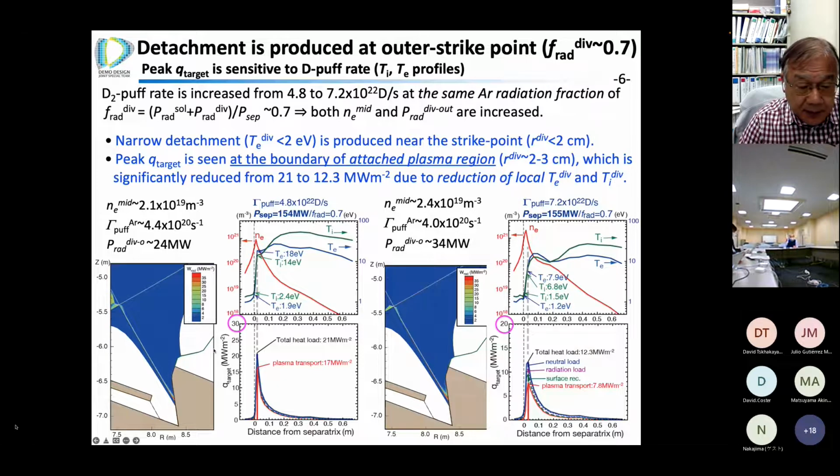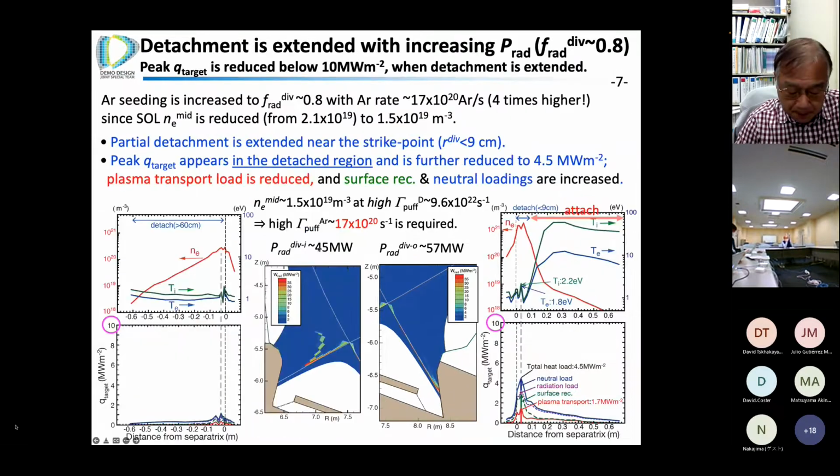In this case, you can see the outer divertor target, and the temperature increases quickly. It is almost detached at the separatrix, and quickly the temperature increases to attachment, with the temperature profile like here.